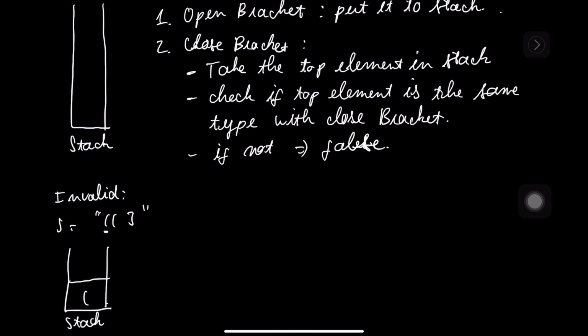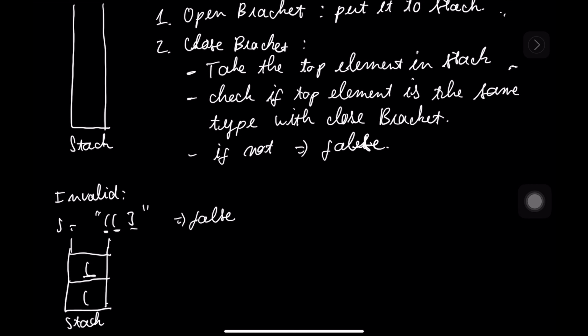Then we go to the last one, this closing bracket here, so we check the top element in the stack. The top element is the opening round bracket, and we check if it's matching the type. It's not matching the one we currently have, so we just return false.